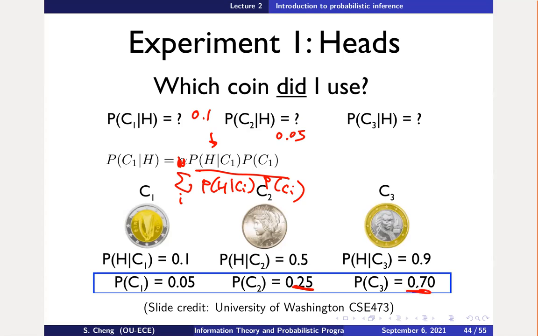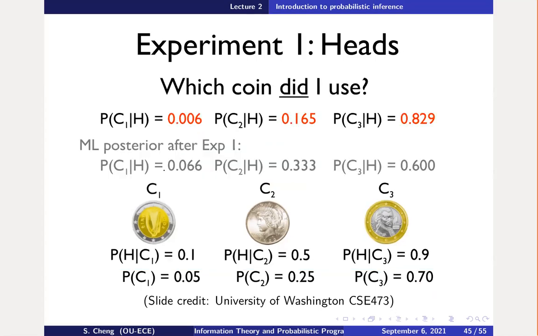Now again, I plug in all the numbers, then we can get P(C1|H) equal to 0.006, and P(C3|H) is 0.8. Now this is significantly higher because of course we have a higher prior for C3, right? There are more C3 coins in the bag compared with the C1 coins and C2 coins.